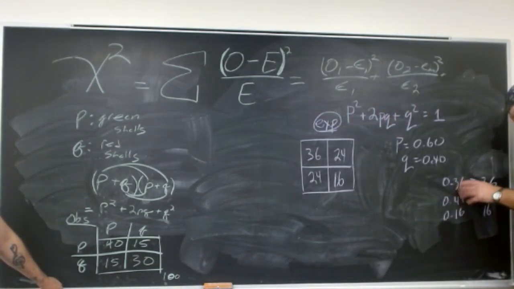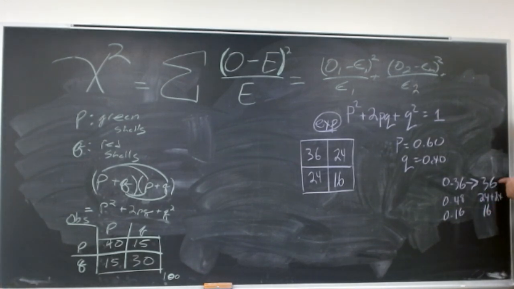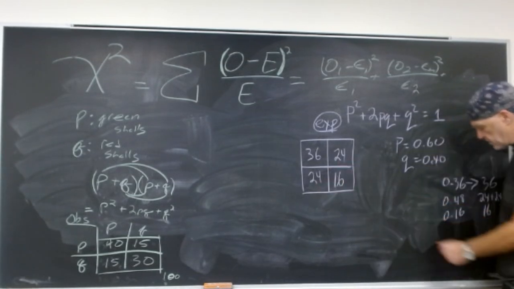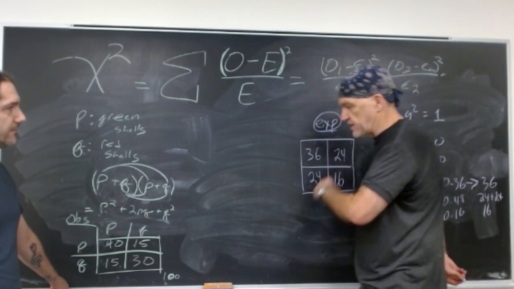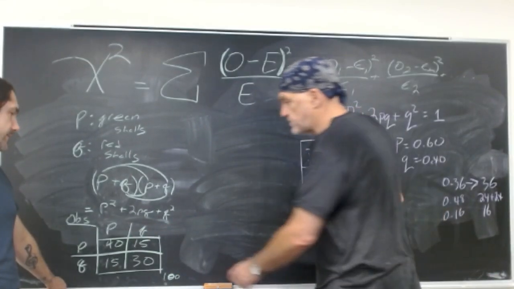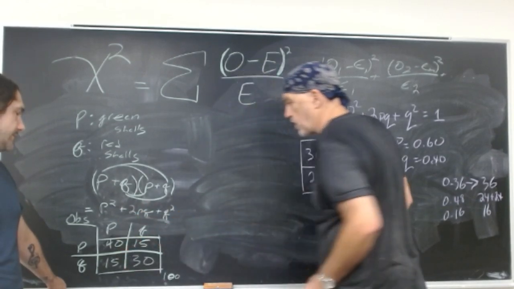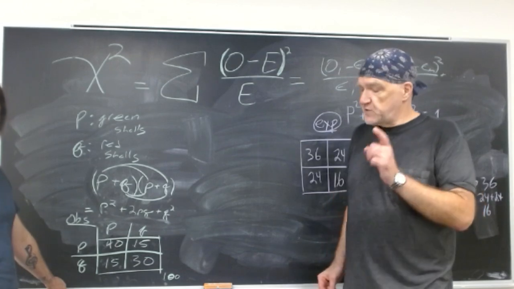So I just did some quick calculus. 36%, 48%, 16%, those were the expected percentages. So of course, because we have a nice easy count of 100, we have 36. The 48 is actually 24 and 24. That's why you see it like so. And then we have 16 here. So clearly the expected table here visually appears substantially different from the observed counts. Whether that's a significant difference or not, we're about to find out.